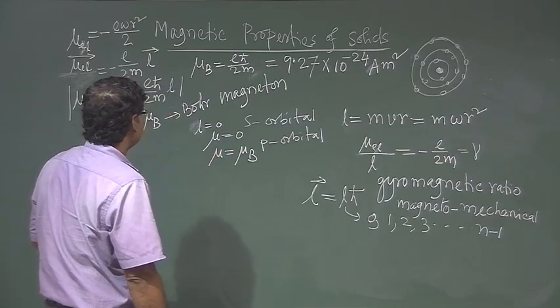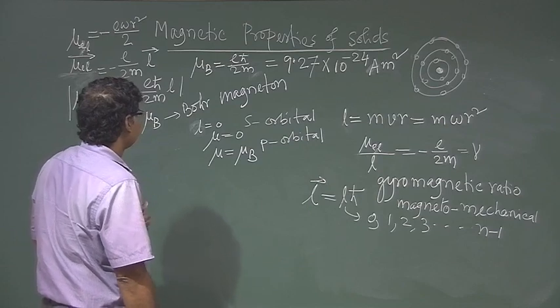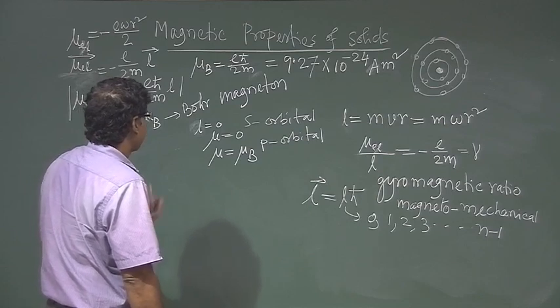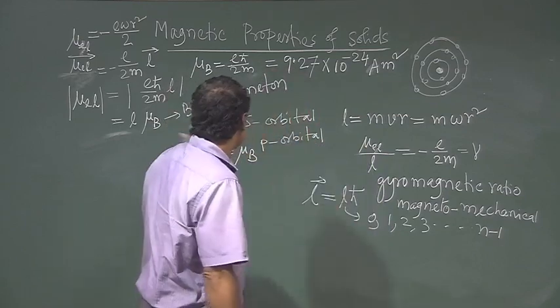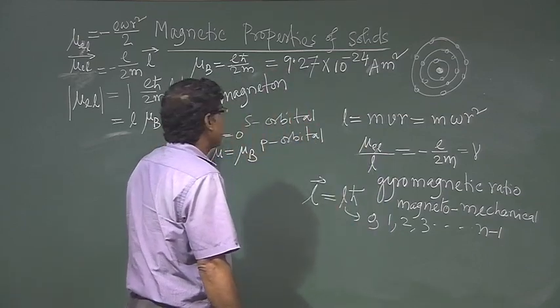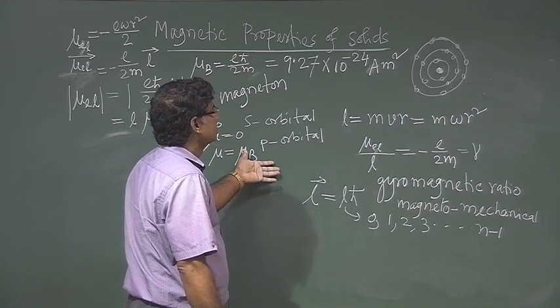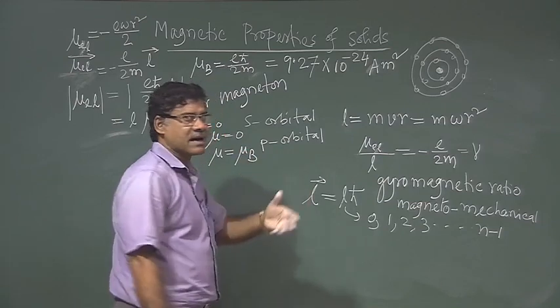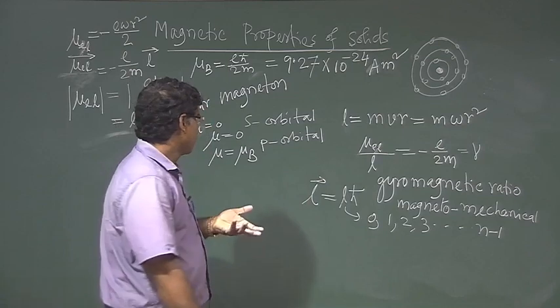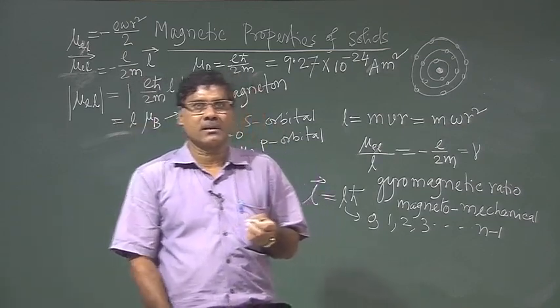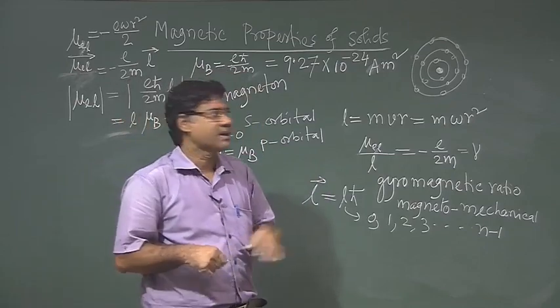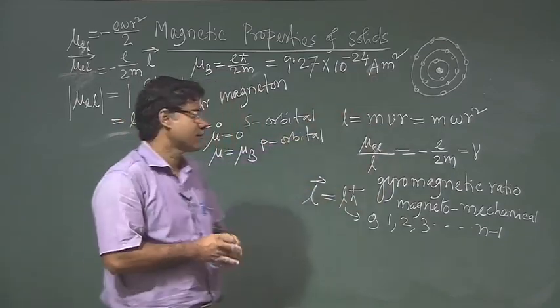Second, okay, so I think I can tell you that this is from one electron. Okay. So if an atom has many electrons, then following the Pauli exclusion principle we can arrange them in the different orbitals.